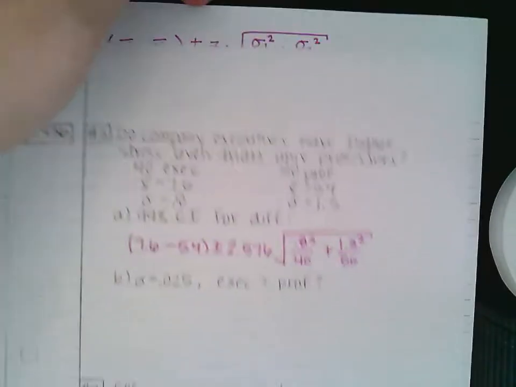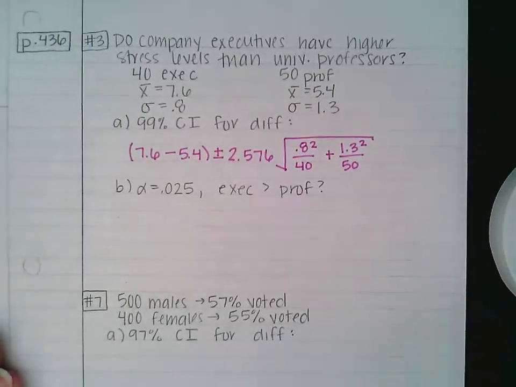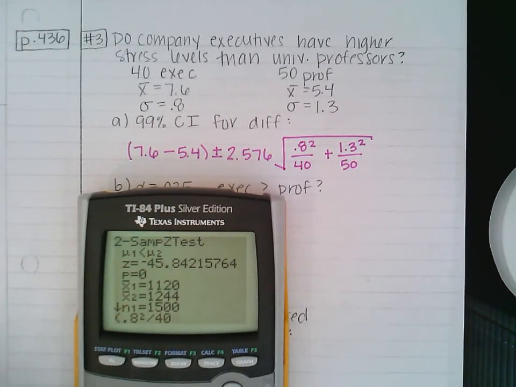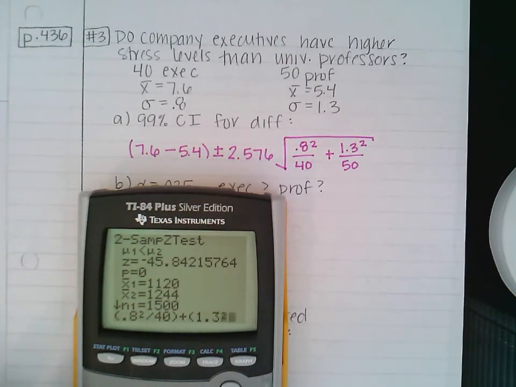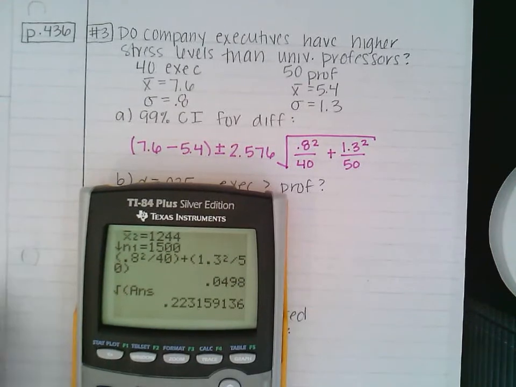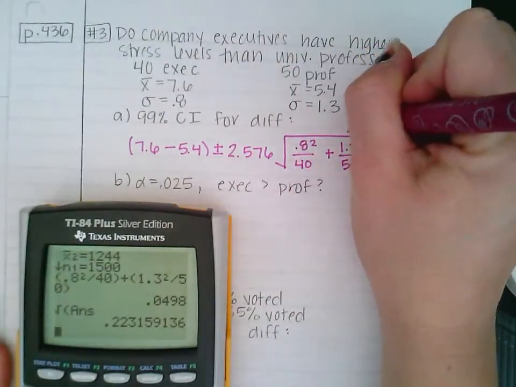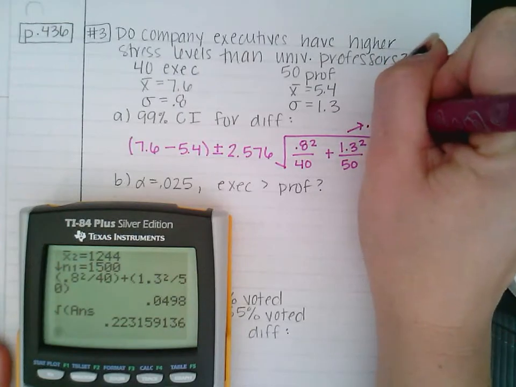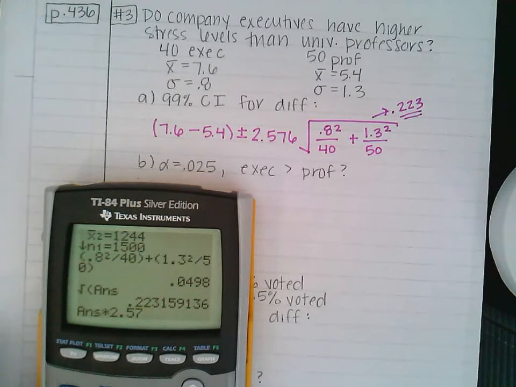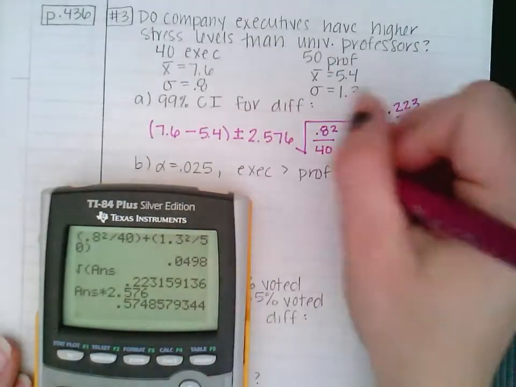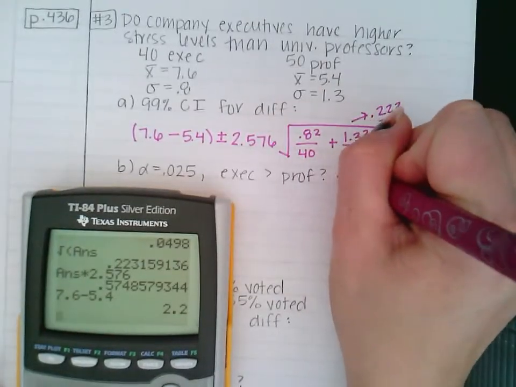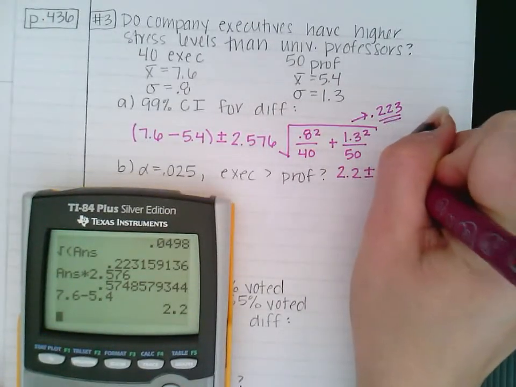I'm going to use my calculator to find this. So 0.8 squared over 40 plus 1.3 squared over 50. Take the square root of that answer, and knowing I'm going to need it in the next part, I'm going to write that down. Multiply here, and I'm going to have 2.2 plus or minus 0.575.